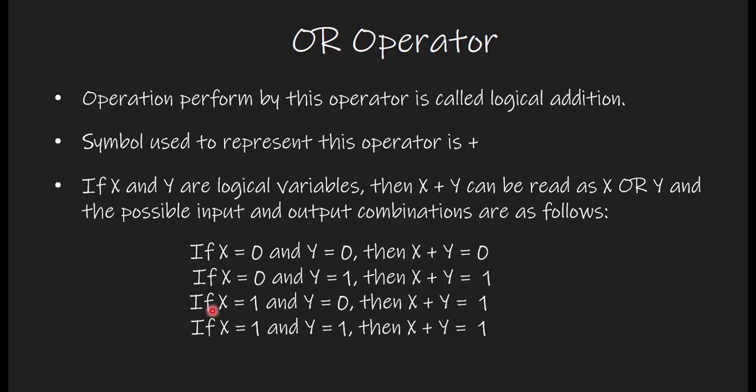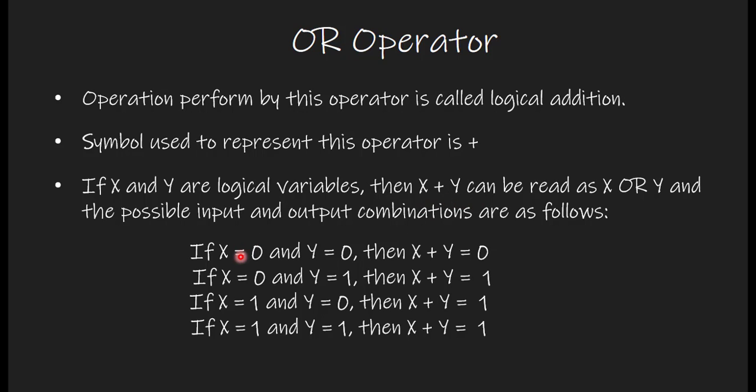Similarly, in the third and fourth lines, the value of x has changed to 1. So when the value of x is 1, the value of y can be either 0 or 1. These are the inputs that can be given to this OR operator.